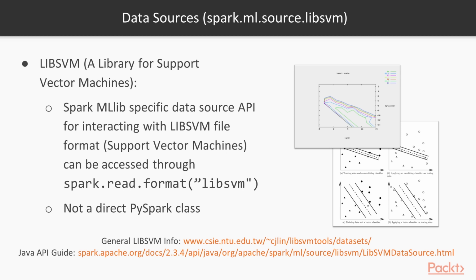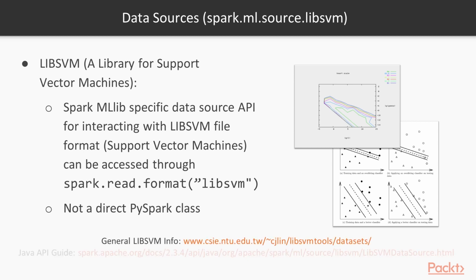This is a nice way of textually storing support vector machines, which is something you might commonly have to do when you're dealing with data sets of this type. Instead of using a CSV file or a JSON where these support vectors simply don't fit, there's a native type called libsvm. I've linked some general information about libsvm at the bottom of the slide.